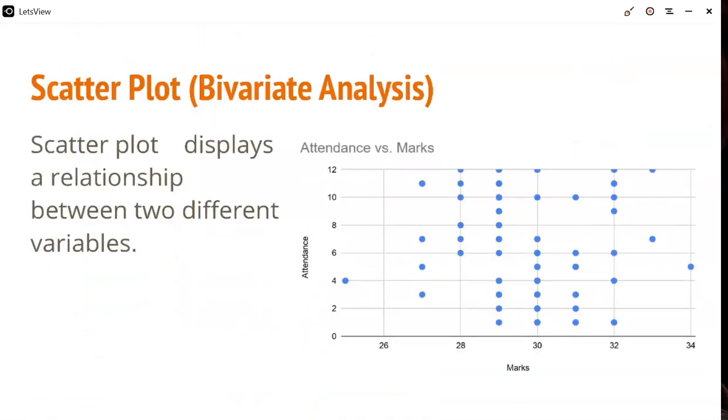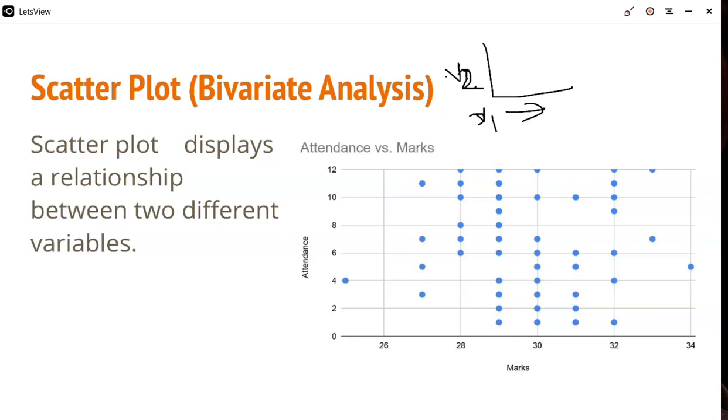But scatter plots are used to study the relationship between two different variables. Here on the x-axis there is one variable, variable 1, and on the y-axis the second variable, variable 2, is plotted.